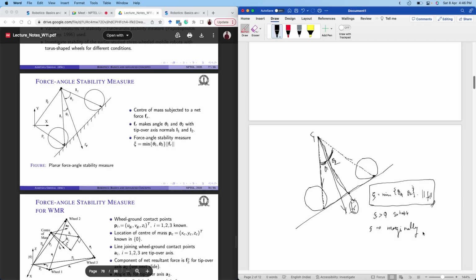The robot is just about to tip off if no action is taken to increase zeta. And when it becomes negative, that is when the robot will tip over. So this particular measure encodes these three conditions in a single variable. So you can always use this variable to keep the resultant force such that your zeta is positive.